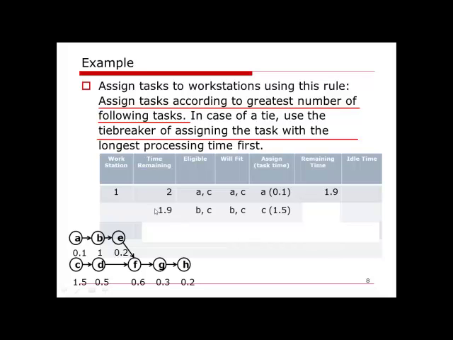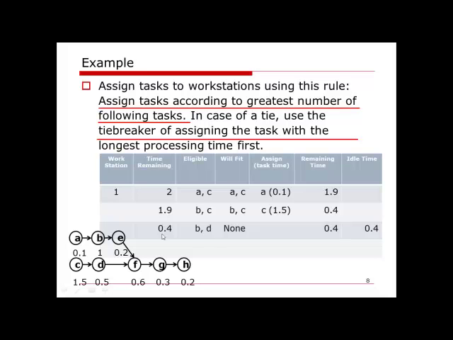Now, we start with 1.9 minutes before we assign any task to workstation 1. Now, 1.5 minutes will be used. So the remaining time will only be 0.4 minutes. And since the remaining time is not 0 yet, we'll keep on working to assign a job to workstation 1.